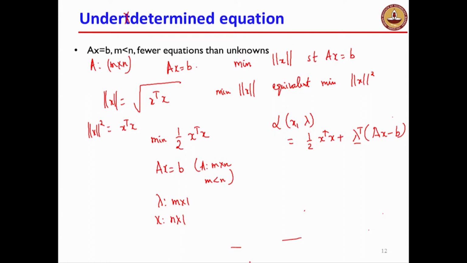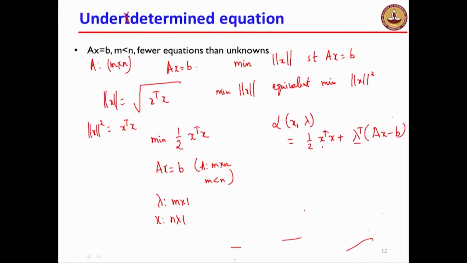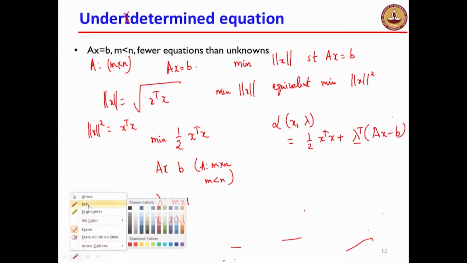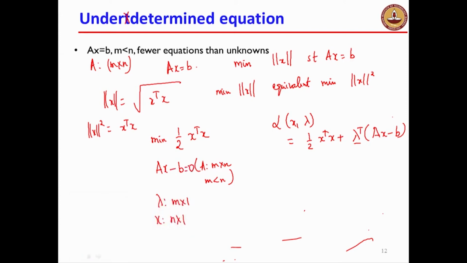Remember, Ax equal to b really represents m equality constraints, and for every equality constraint there is one Lagrange multiplier lambda. So there are m of those. I will put all of those Lagrange multipliers lambda 1, lambda 2, lambda m as a single vector of size m, and then I will define my Lagrangian as half x transpose x plus lambda transpose (Ax minus b), because Ax equal to b is the same as saying Ax minus b is equal to 0.